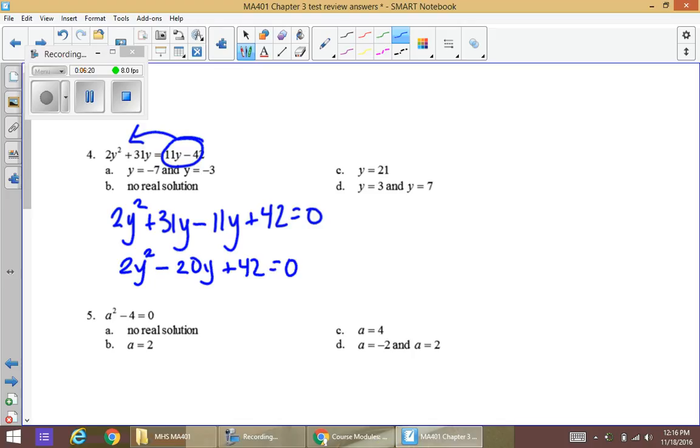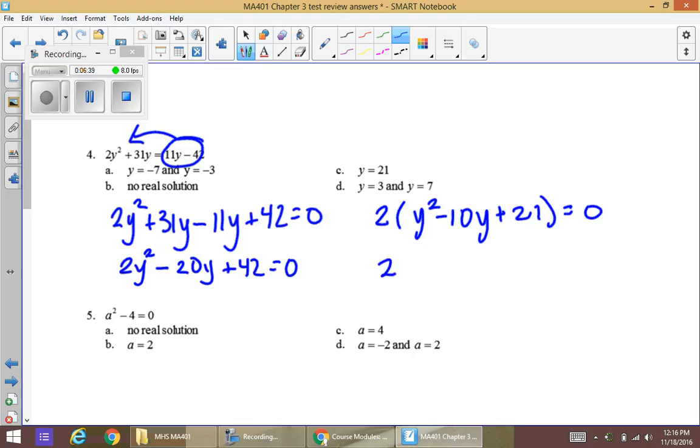Now I'm going to take a 2 out of it, but I already think I can see the answer. I'm pretty sure it's either going to be -7 and -3 or 3 and 7, but let's go with it. Let's try. So here's 2. So it's y squared minus 10y plus 21.